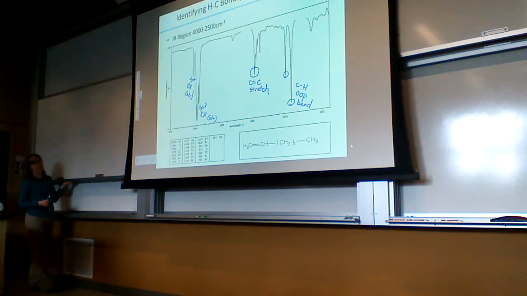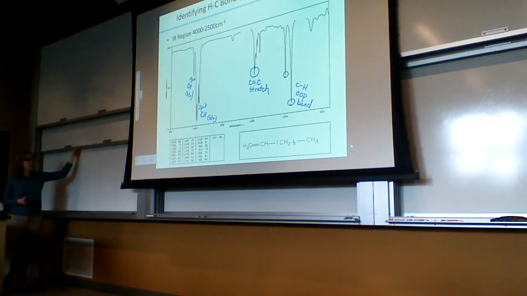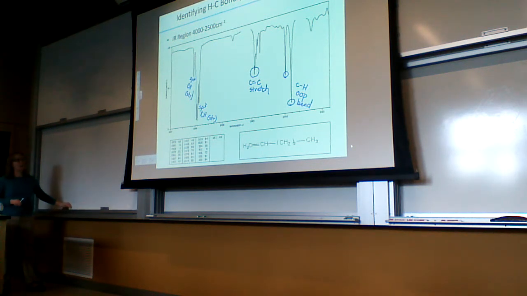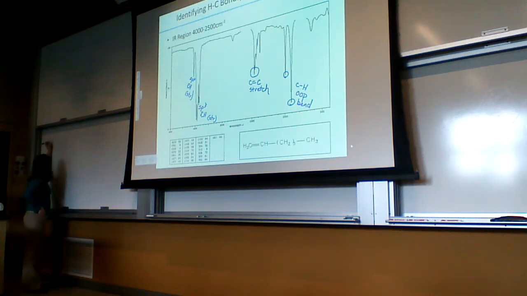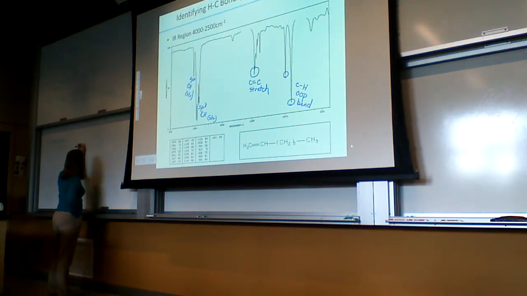A couple recurring themes we're going to have today is the effect of conjugation and strain on a stretching frequency. So for conjugation, if you have a diene that is conjugated, you could draw a resonance form with a separation in charge.